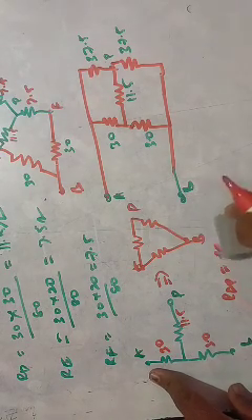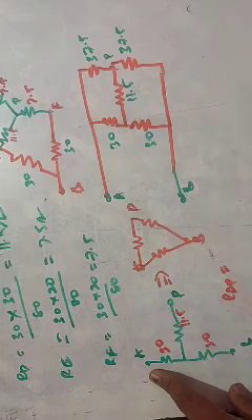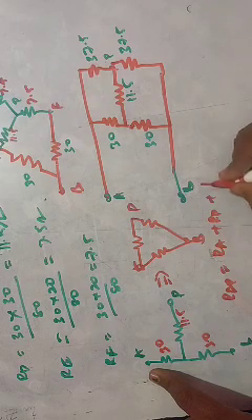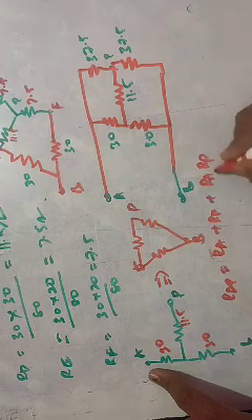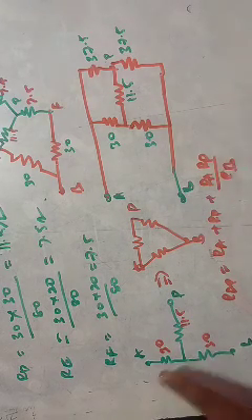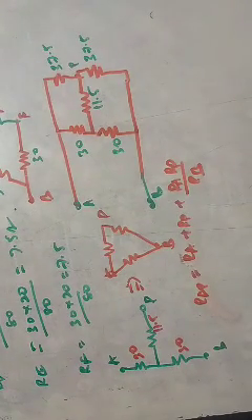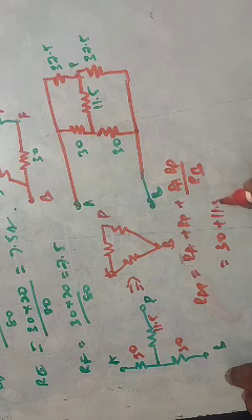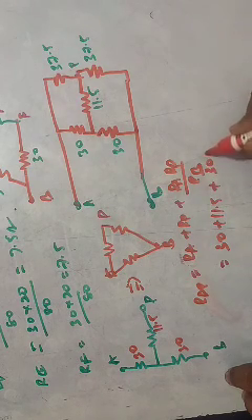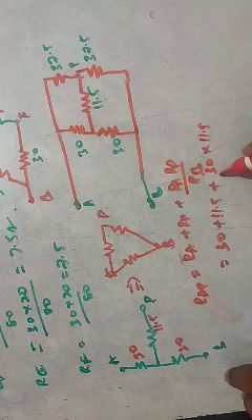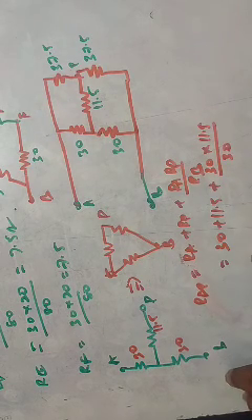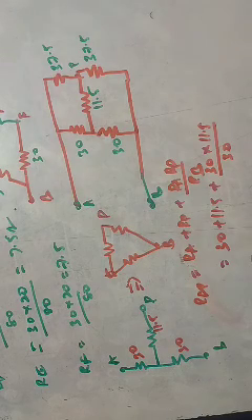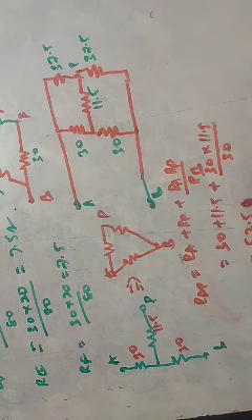The formula first: RA plus RP plus RA into RP divided by RB. That is RA is 30, RP is 11.5, plus 30 into 11.5 divided by 30. The answer is 52.5 ohm.